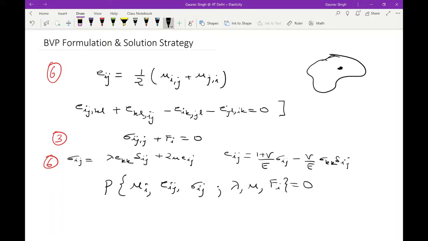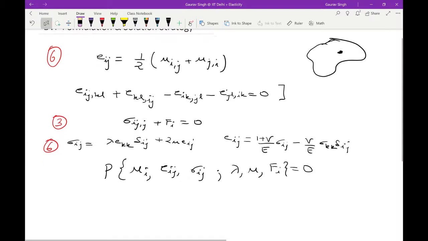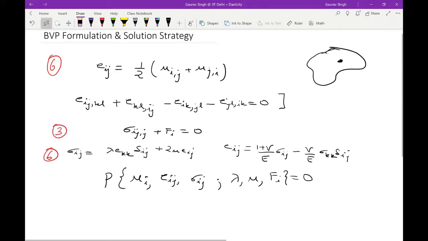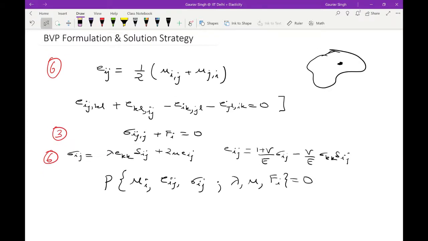So for the boundary value problem, the starting point is that at any point of interest, you want to find the displacement, the strains, and sigma_ij, which is the stress, given the material properties lambda and mu, and the body force density.